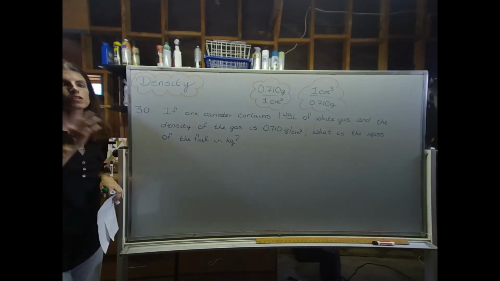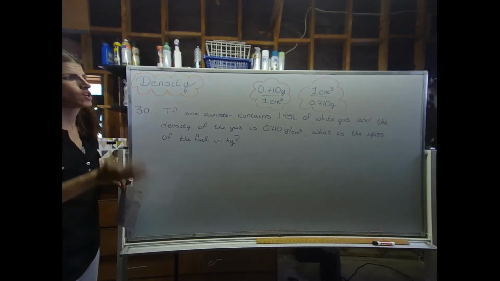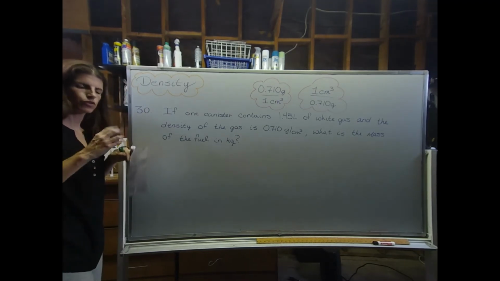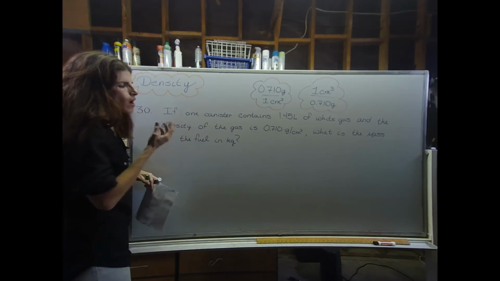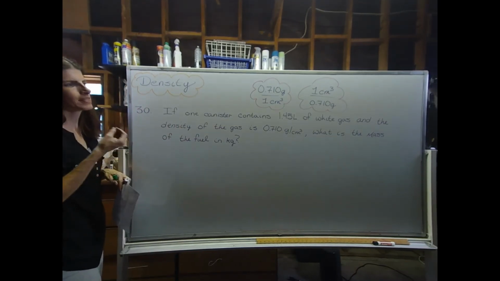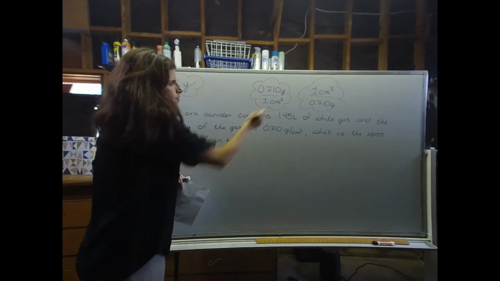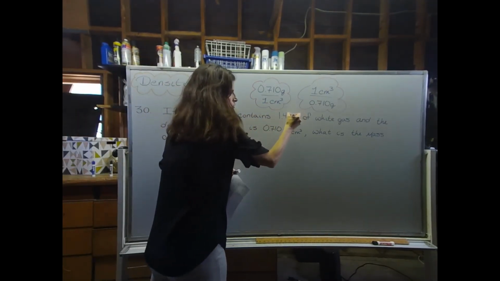So this problem does an awesome job illustrating the power of conversion factors. We're given the volume of gas inside a little fuel tank. And we're also provided with the density of the gas, and we're asked to solve for the mass of the gas in kilograms. Now, looking at the units of density, they don't match our initial volume units.